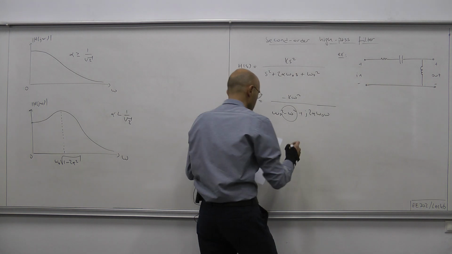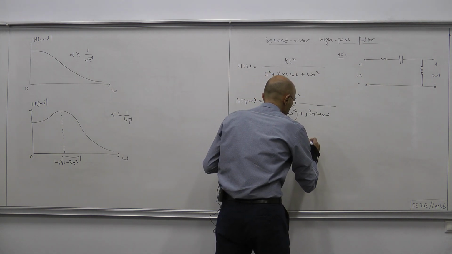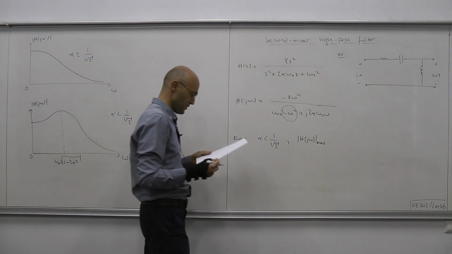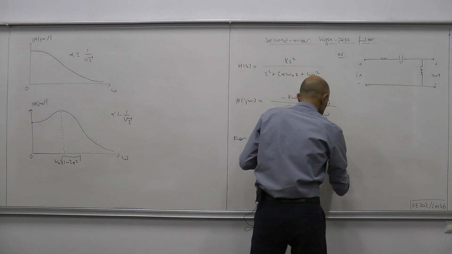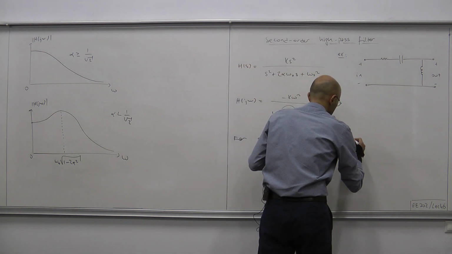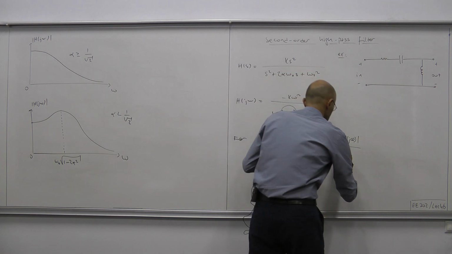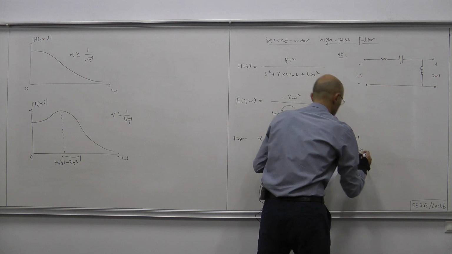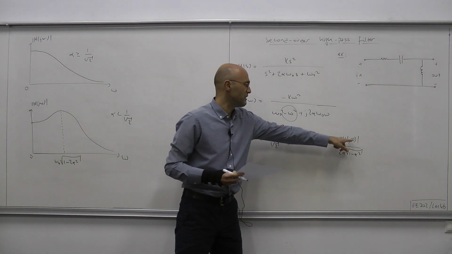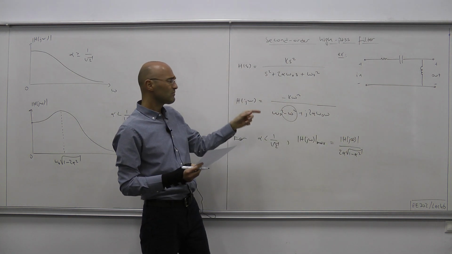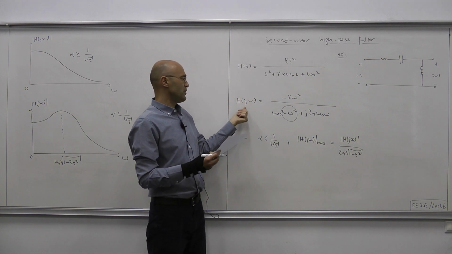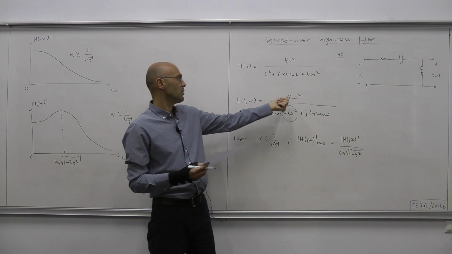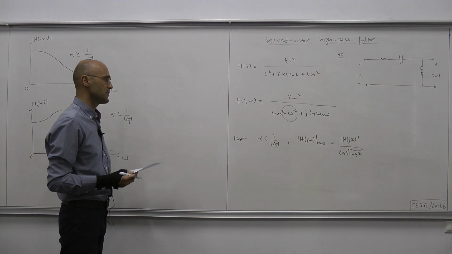When alpha is small, H j omega max, the maximum gain that's attained, equals H j infinity over 2 alpha times the square root of 1 minus alpha squared. And H j infinity is the gain that H j omega attains in the limit when omega goes to infinity, which, as we have already discovered, is the magnitude of k in this case.